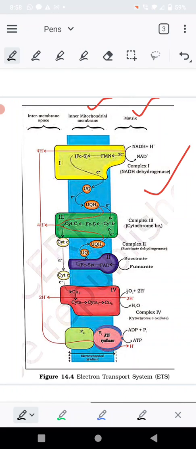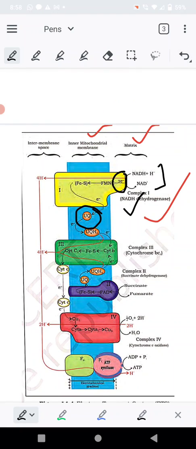NADH, which was produced during glycolysis and during the citric acid cycle, is oxidized by the NADH dehydrogenase, that is complex 1, and the electrons that are released during this reaction are transferred to the ubiquinone via FMN.